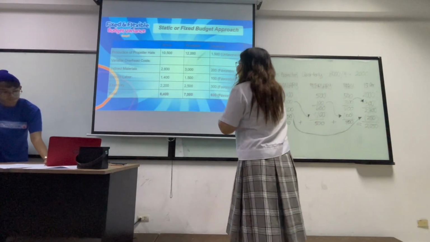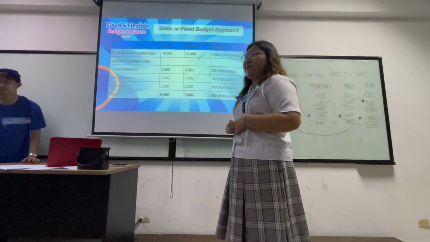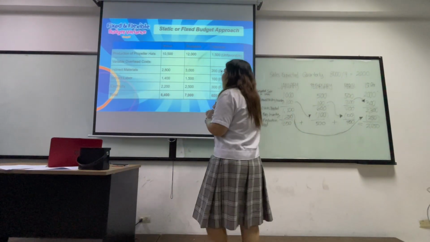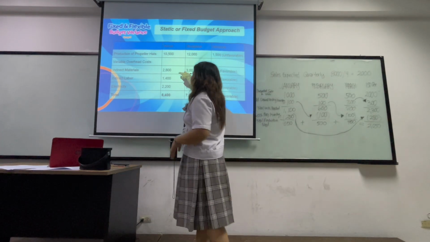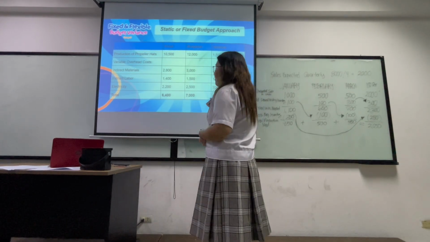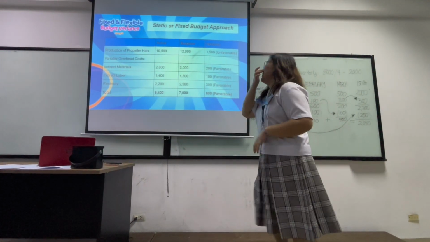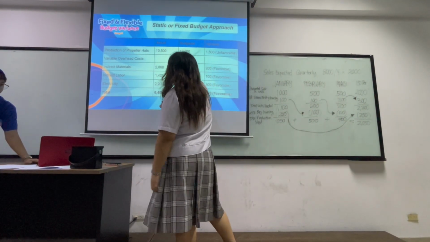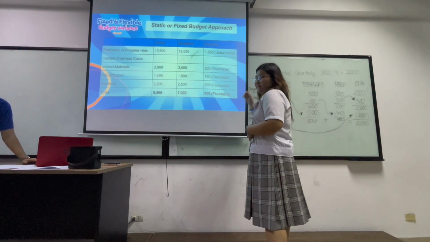So, next naman, sa variable cost, since sabi ko nga static siya, hindi nagbabago yung budgeted cost natin kahit na hindi mo na-achieve yung 12,000 na units produced. So, yung actual cost natin, i-compare pa rin natin sa budgeted natin na una, which is 3,000, 1,500, and 2,500, giving us this variance. So, since mas mababa yung actual cost natin kasi sa budgeted, favorable let's say.